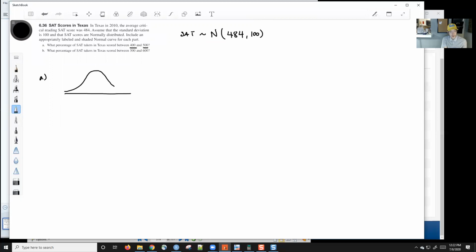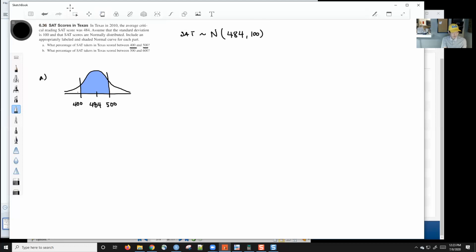In the center, we're going to put 484. 400 is less than 484, and 500 is greater than that. We want to know the probability of being in this region in the middle here.